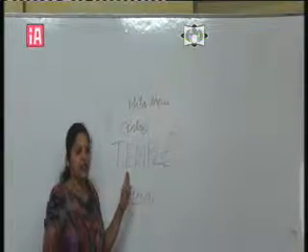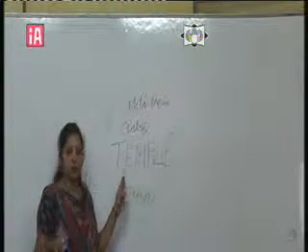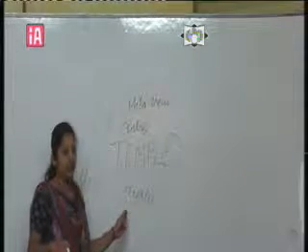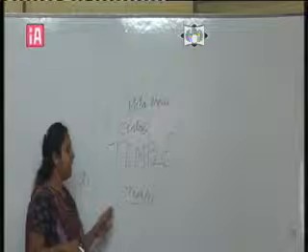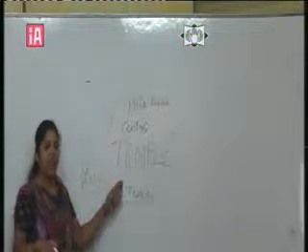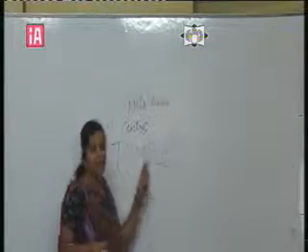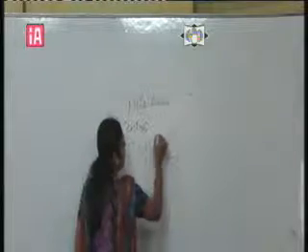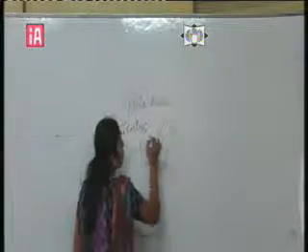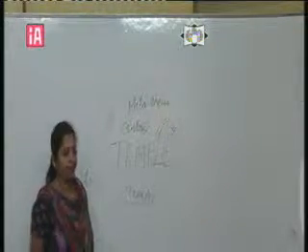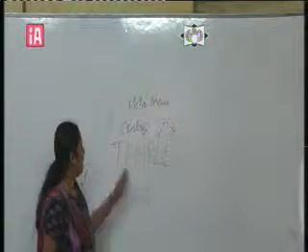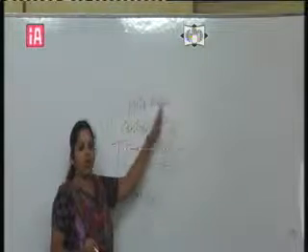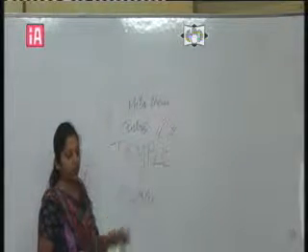Even in mathematics we have some rules, in science we have some rules, even in English we have all these things. Okay? So like this is called metathesis. Metathesis is transposition of last two sounds. Okay? Transposition of last two sounds.